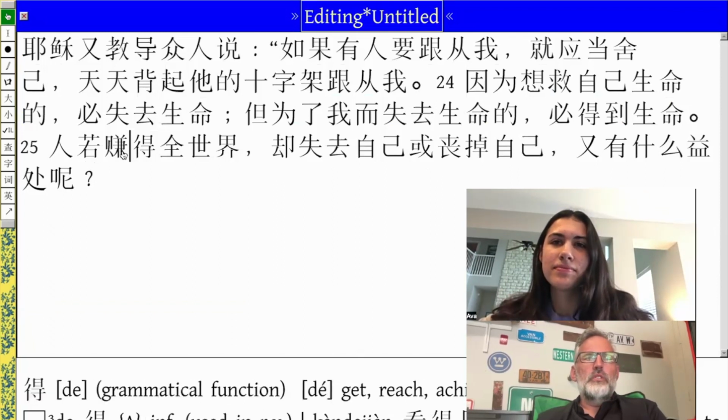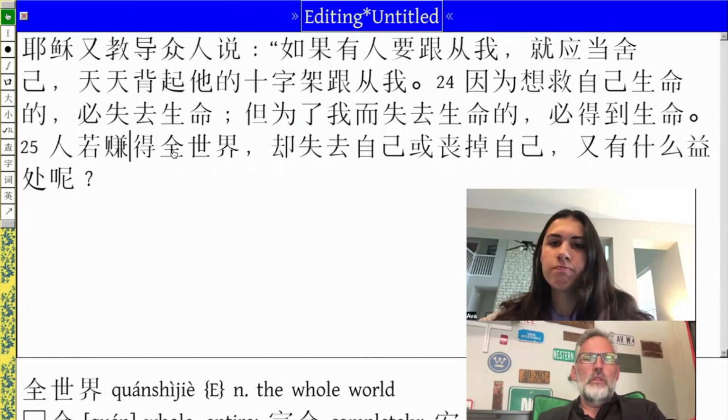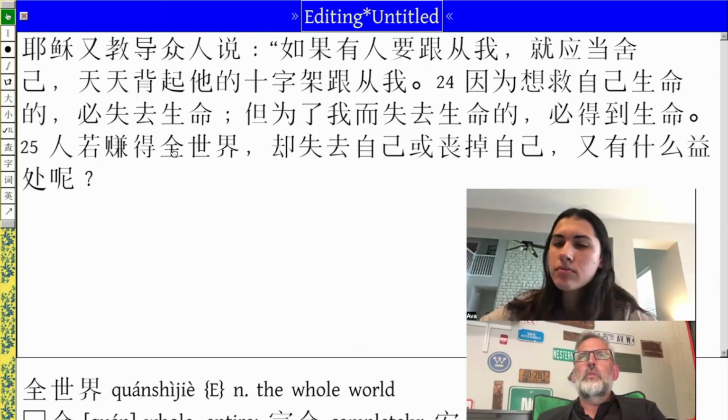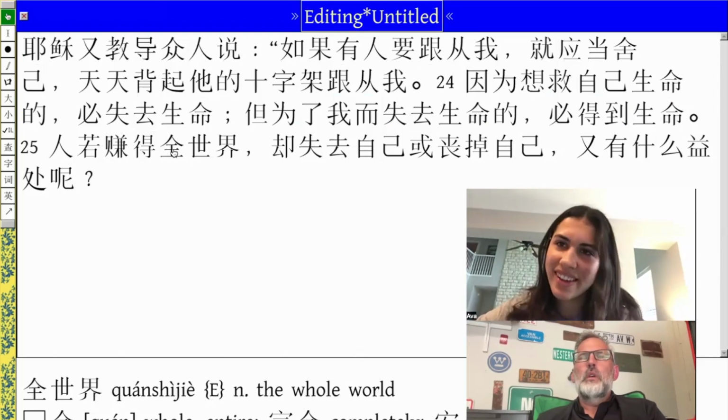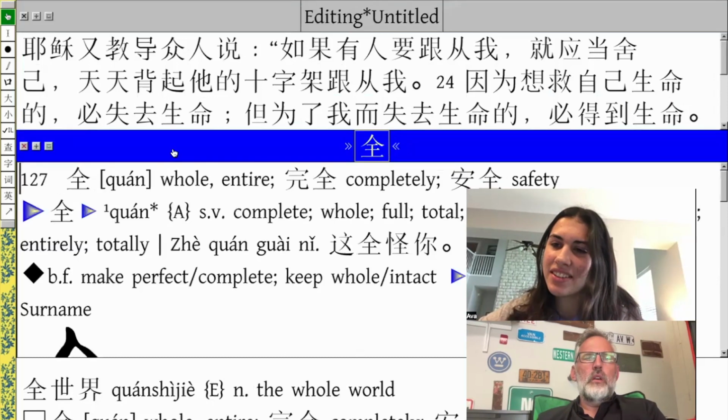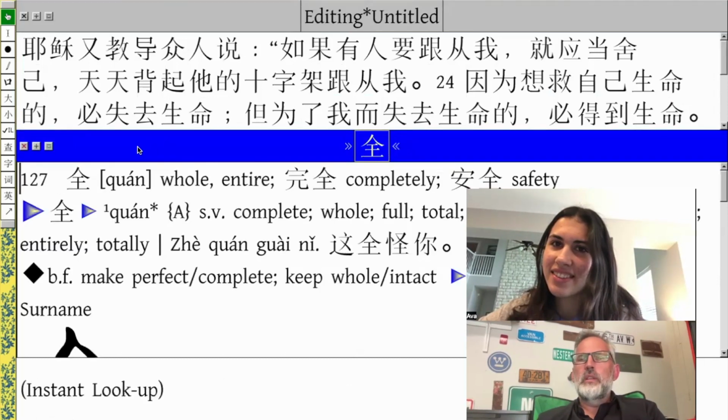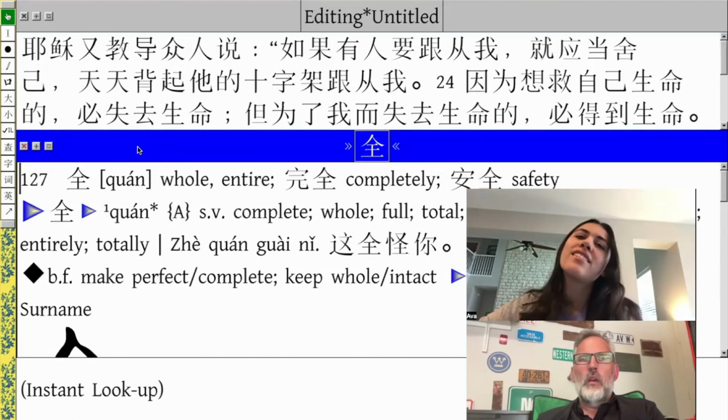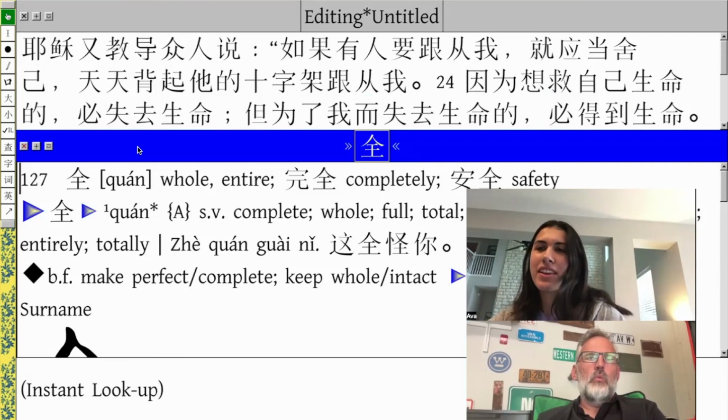So 人若赚得, and do you know what this one is right here before I put on it? This is 全世界. So 全 is the whole, all. I'm trying to think of a common example. 完全 is completely. Well, 完全明白, like fully, completely understand.